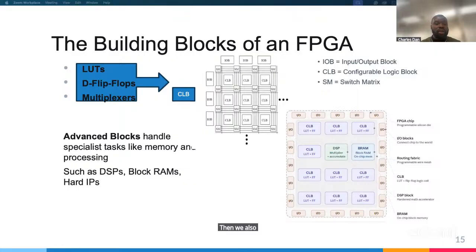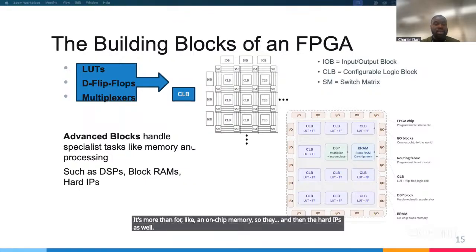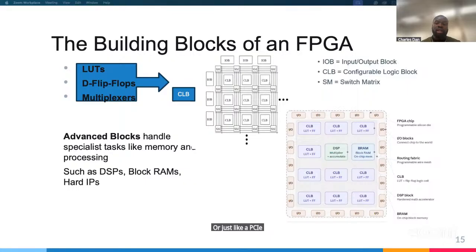Then we also have the BRAM, which is more or less for on-chip memory. And then the hard IPs as well, like PCIe. They more or less help with communication and fast transfer of data.